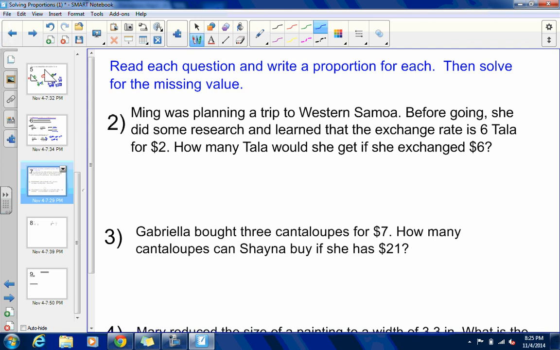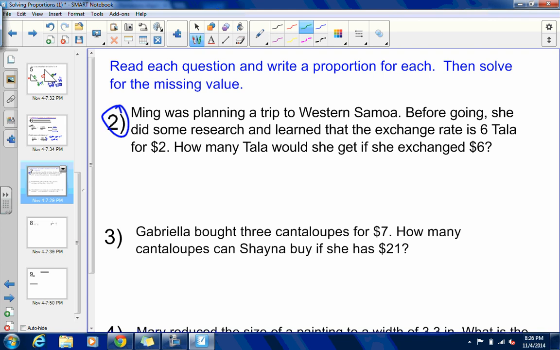So first of all, let's look at this one, number 2 here. It says Ming was planning a trip to Western Samoa. Before going, she did some research and learned that the exchange rate is 6 tala for $2. Looks like tala is the currency, the money in Western Samoa.